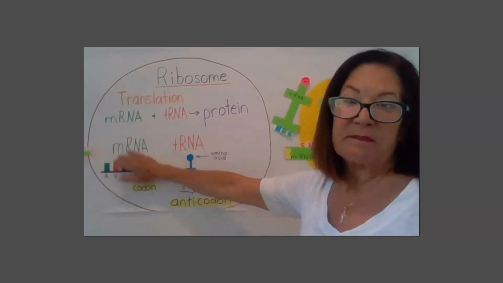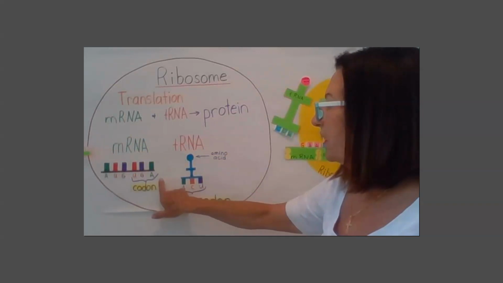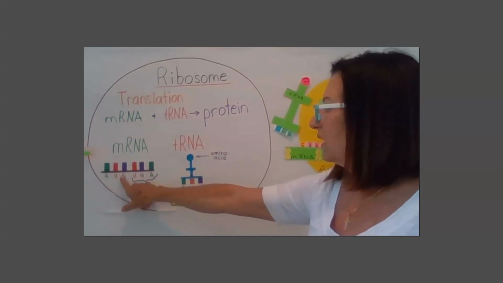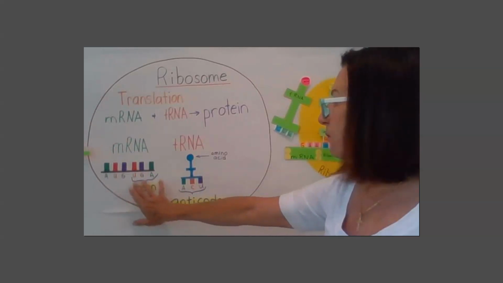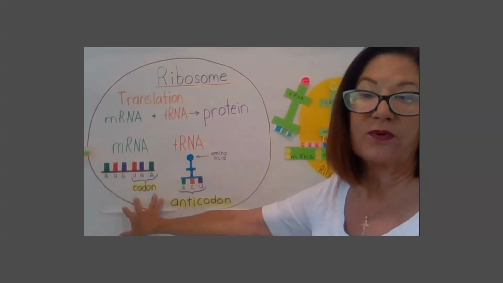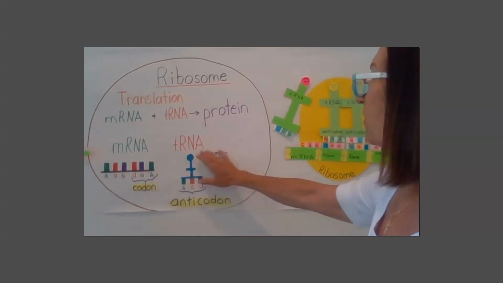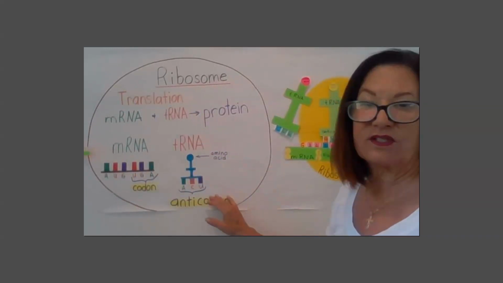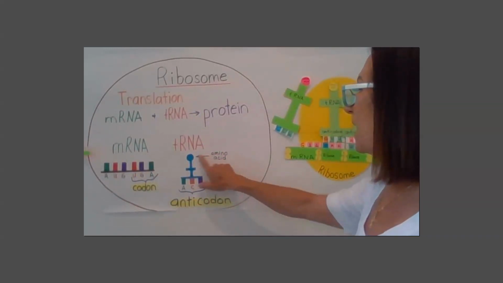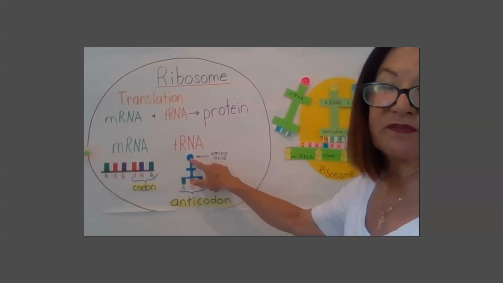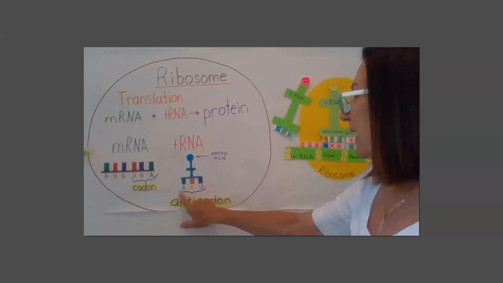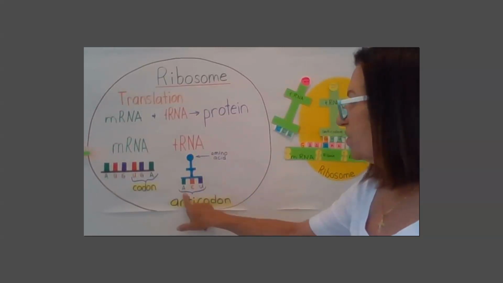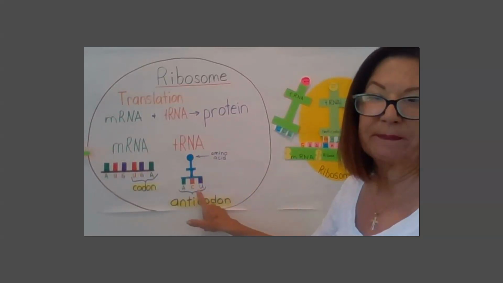This is my mRNA, and this is kind of what it looks like. I have my nucleotides here, and 3 of them are going to be a codon. Over here, I have a picture of my tRNA. My amino acid is going to be at the very top, and down here I have my anticodon, which are these 3 nucleotides at the bottom.